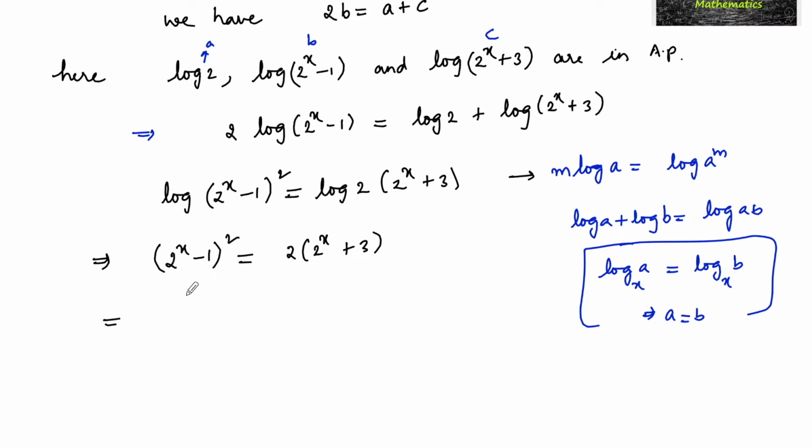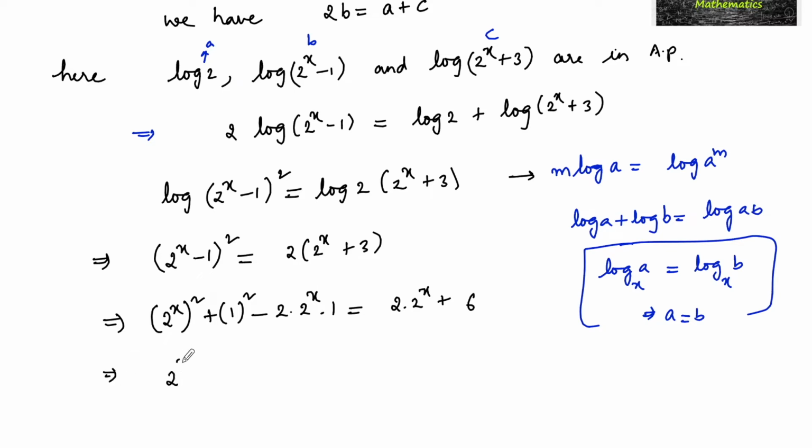So that is 2 power x minus 1 whole square, we can write 2 power x whole square plus 1 square minus 2 into 2 power x into 1 is equal to 2 into 2 power x plus 2 into 3, which is 6.